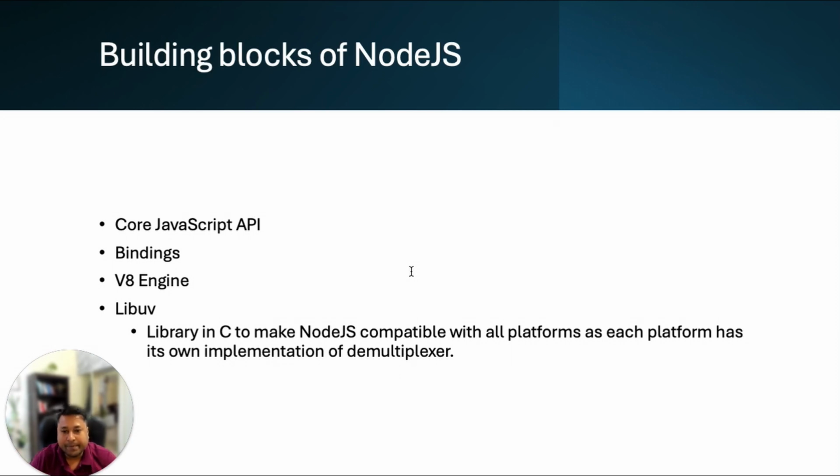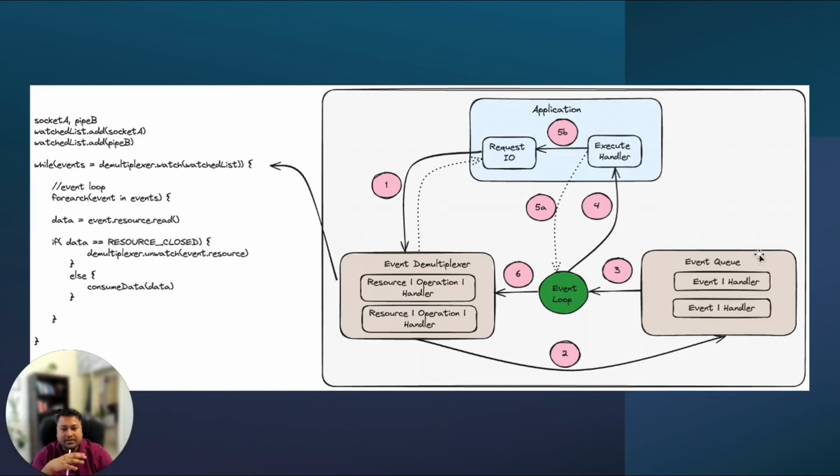This library, which is written in C, uses the demultiplexer. The modern operating systems have a demultiplexer, which listens on the operating system resources, creates an event for it, and pushes that event into an event queue, which is maintained by your operating system.